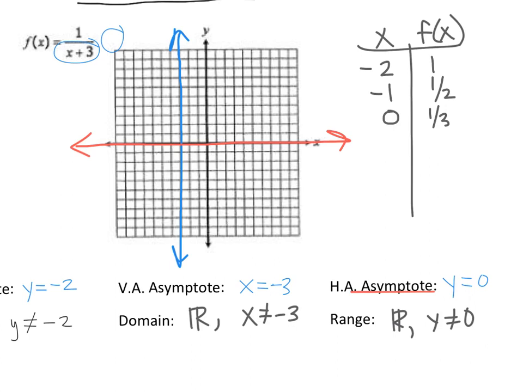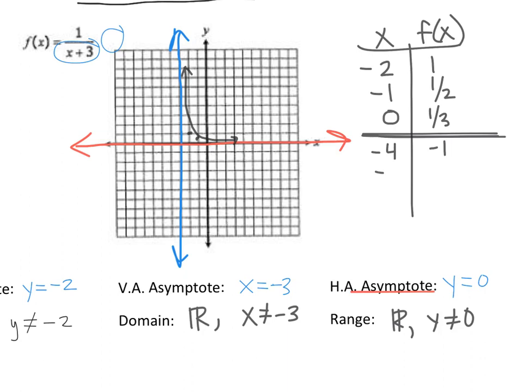So I'm going to plot -2, 1, -1, 1/2, 0, 1/3. So it's going to go like this. I didn't connect that very well. And then I could also plug in, if my asymptote's at -3, I'm going to plug in -4. So I'll get -1.